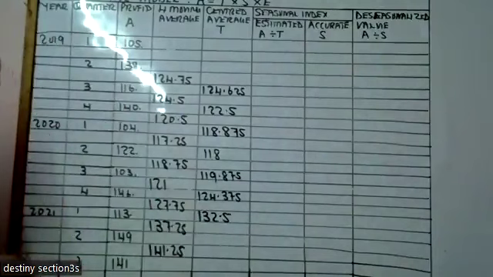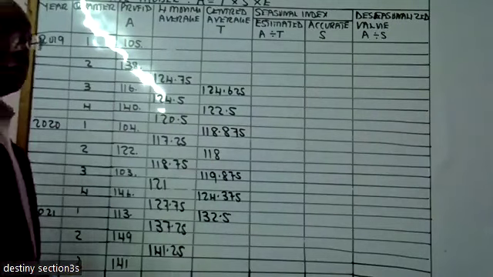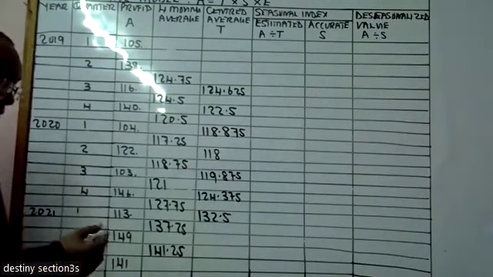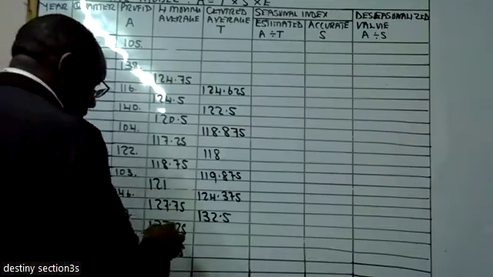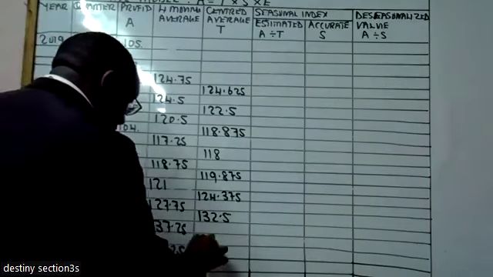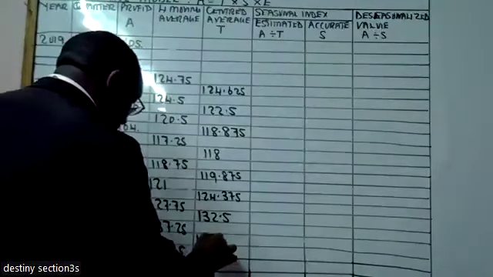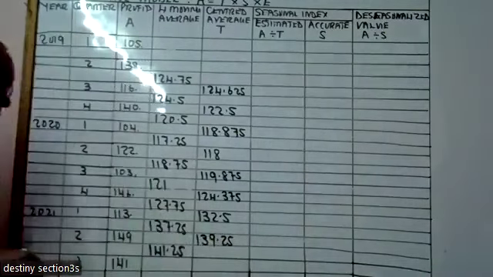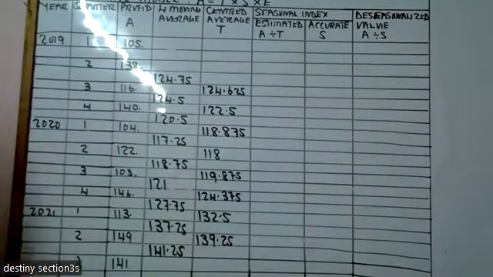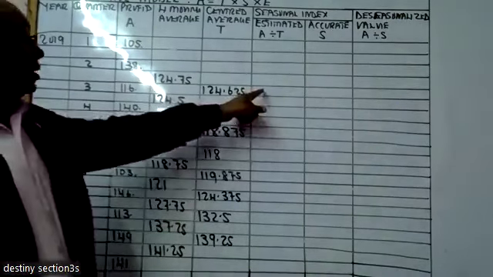The last one, 137.25 plus 141.25. 139.25. So if that is agreed, we now come here to the estimated.